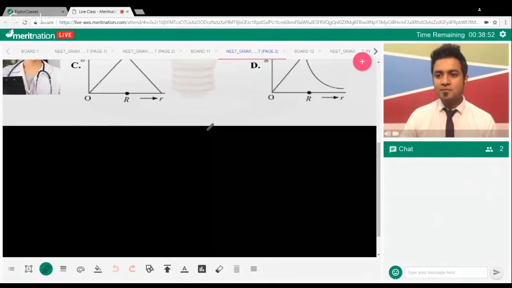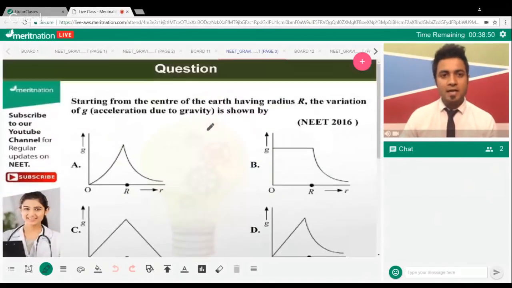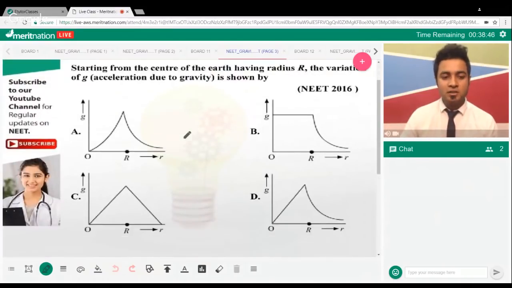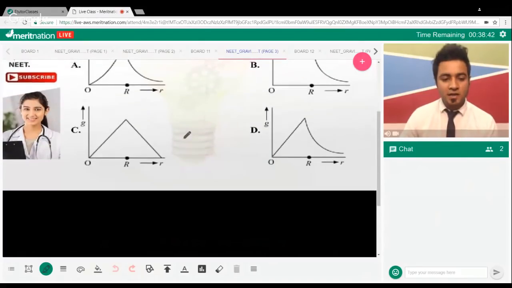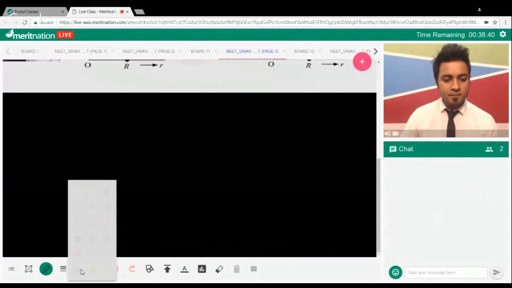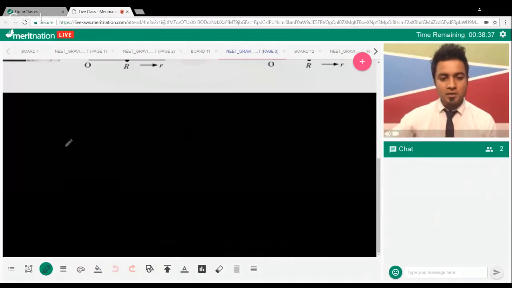I guess everybody knows that at the center of the earth the gravity would become zero, meaning we have a weightlessness condition, right? And we have a formula that I have already told you in the first slide, that g at any depth is equal to g naught times 1 minus d upon r.